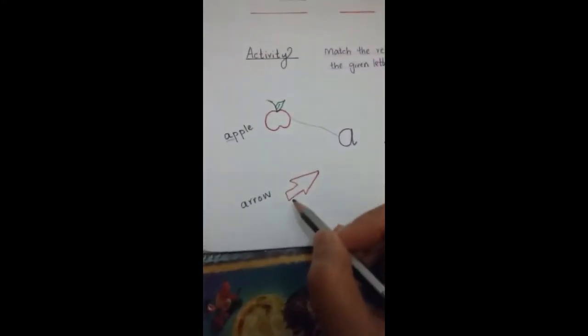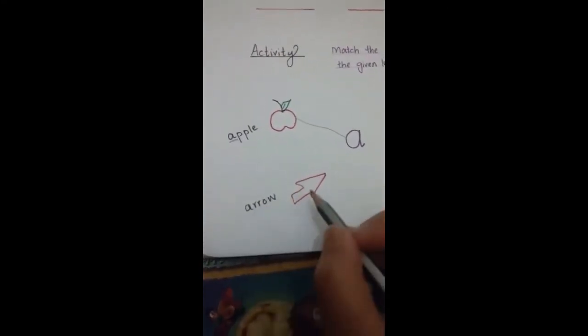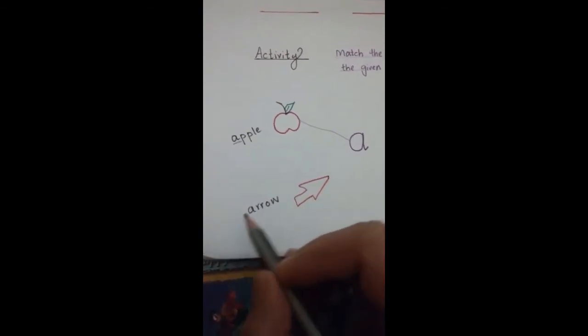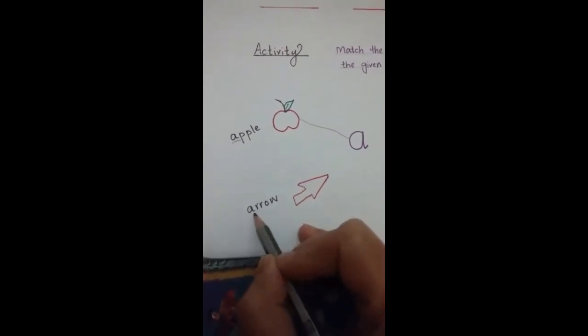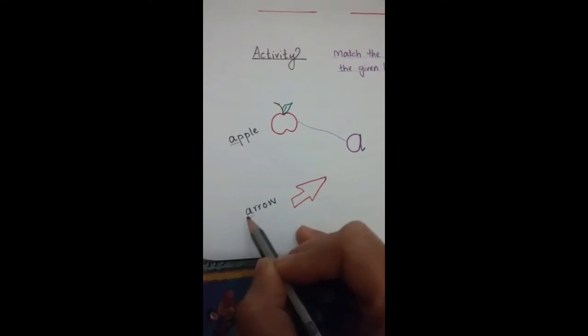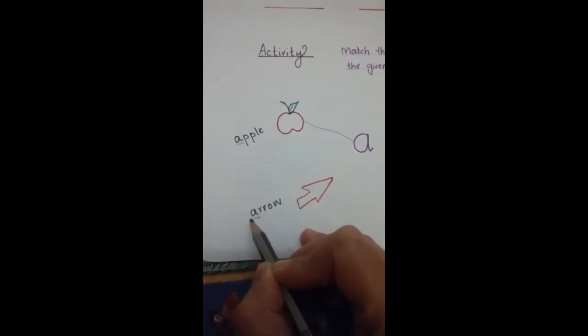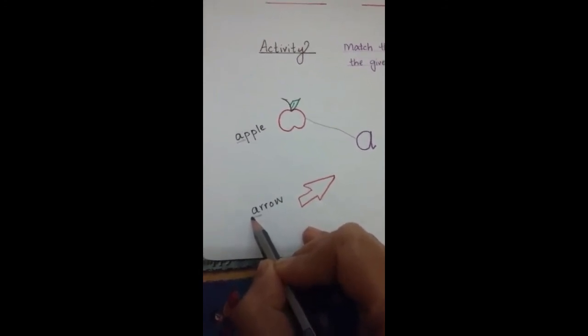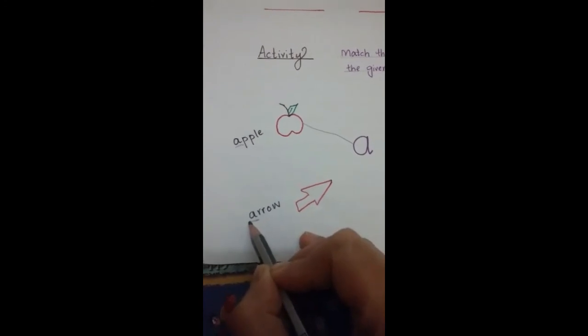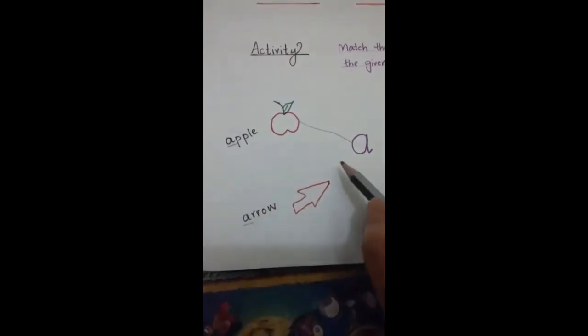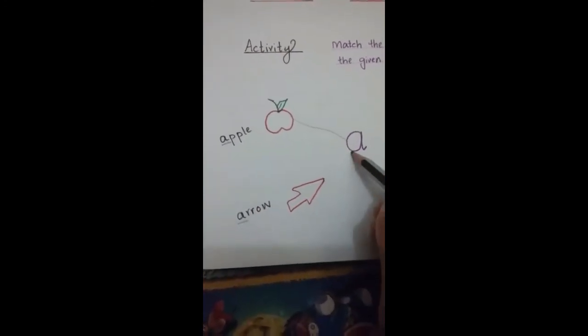Now come to the next picture. Yes, this is an arrow. What is the first letter in this word? Yes, A. A is the first letter in arrow. It means we will join this with the given letter.